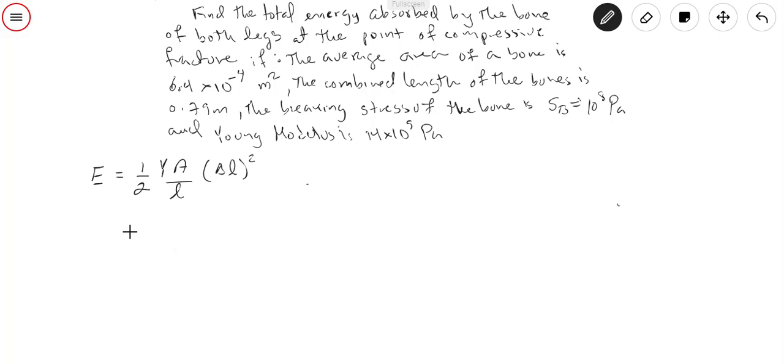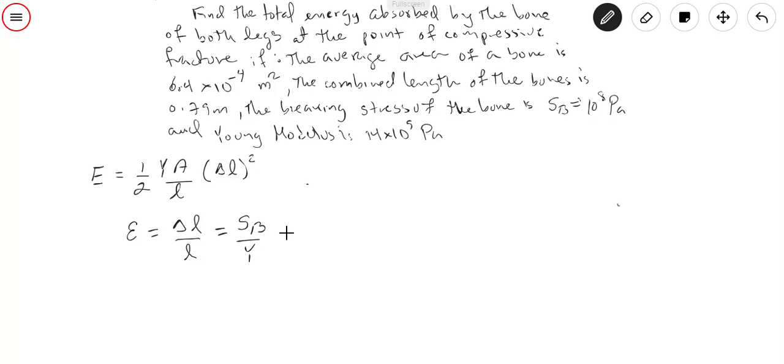Now, we know that the strain is equal to the variation of length over the initial length. And at the same time, the strain is equal to the breaking stress divided by the modulus of Young.